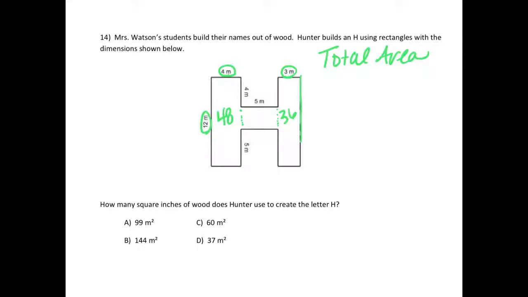We know this whole thing is 12. It already tells us that this is 5, and this is 4 and 5, so 9, and that's 12. So this has got to be 3. So that piece right here has got to be 15. So if we add our total pieces together, we should get 99 meters squared.